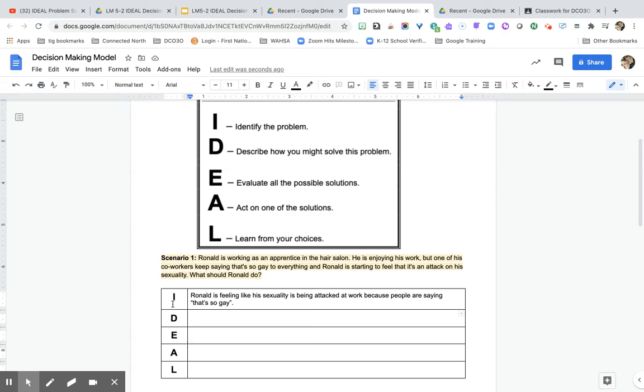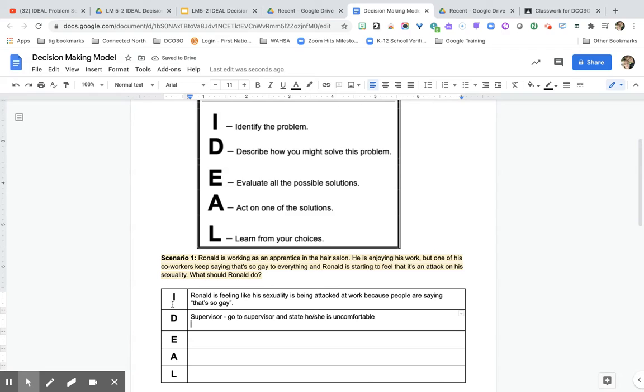So if this is an apprenticeship or a hair salon, then this person should have a supervisor. And they could go to the supervisor and state he or she is uncomfortable. Another thing you could do is speak to your coworker and let them know it makes you feel uncomfortable.